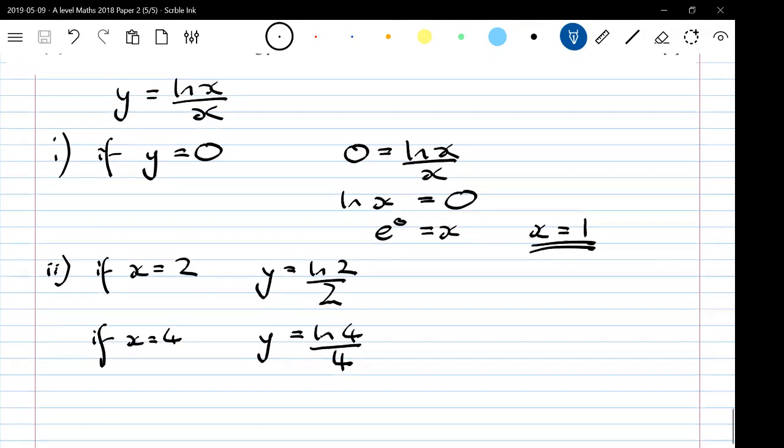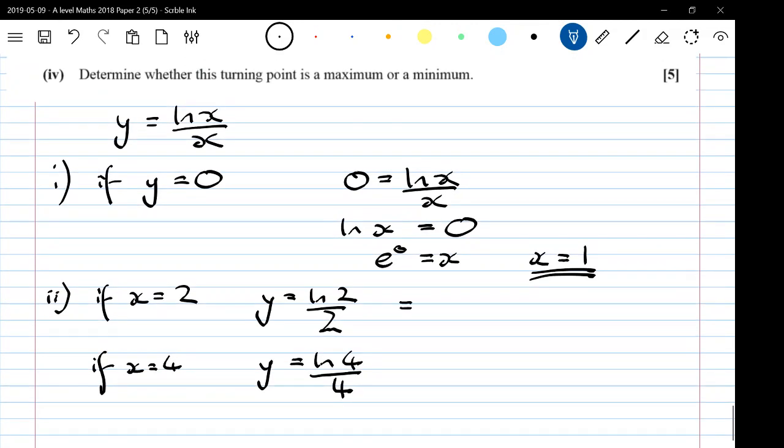So let's say that is a half of ln 2, which is the natural log of root 2. I think I'm going to write that. And this one is a quarter of ln 4, which is ln 4 to the power of a quarter.